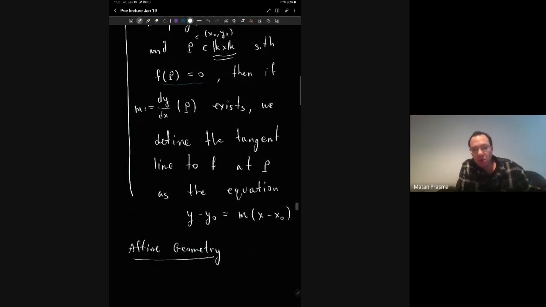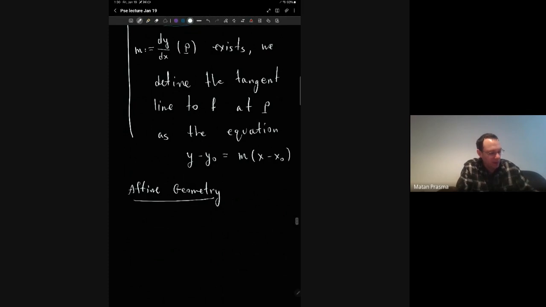In our case, we would be interested in fields of positive characteristic. And the affine space A n with subindex k is simply k times itself n times. This is also k to the n.